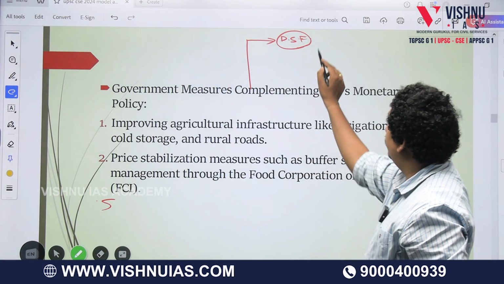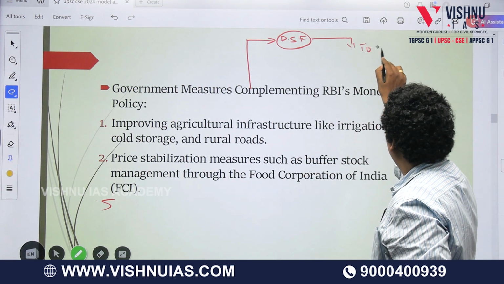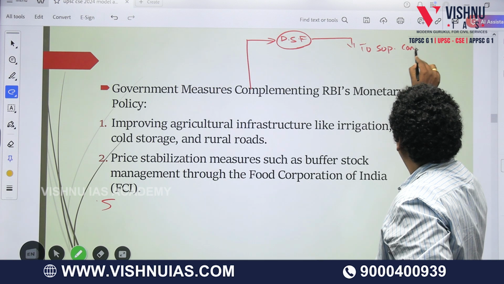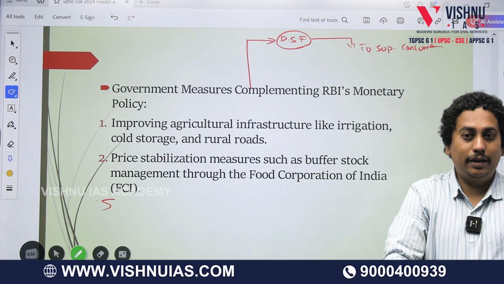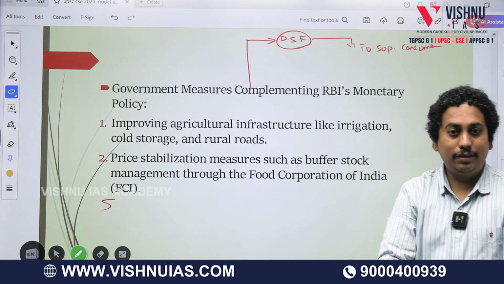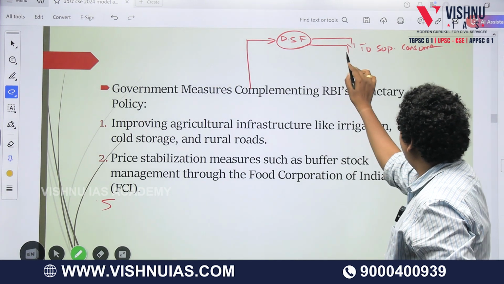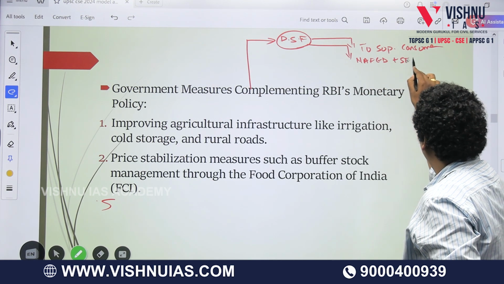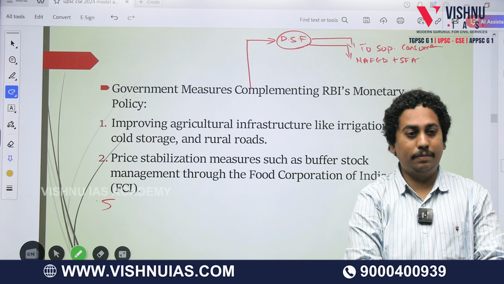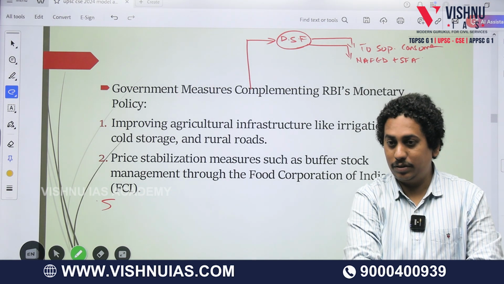The Price Stabilization Fund is to support the consumer. PSF. Okay, who is maintaining this fund? Price Stabilization Fund ఎవరు maintain చేస్తారమ్మా దీన్ని? NAFED and SFAC, Small Farmers Agribusiness Consortium.